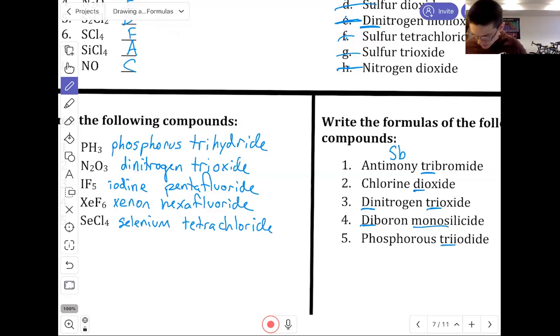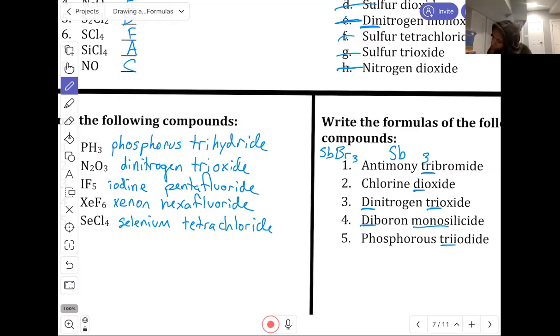Okay, so going over these, what number is the prefix tri? 3. So that formula would be what? SbBr3.